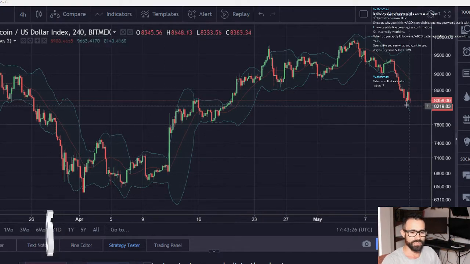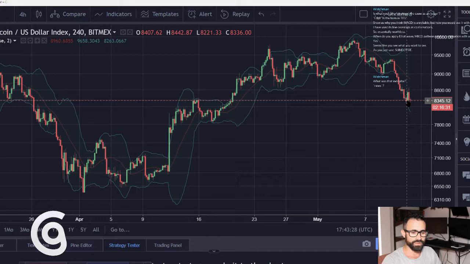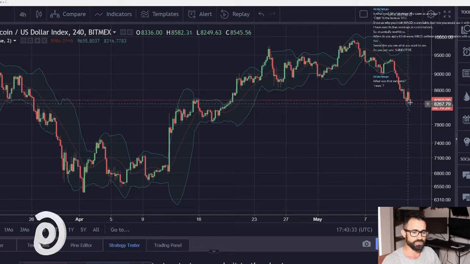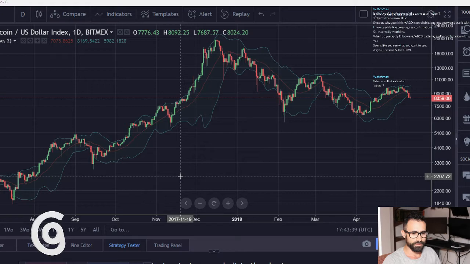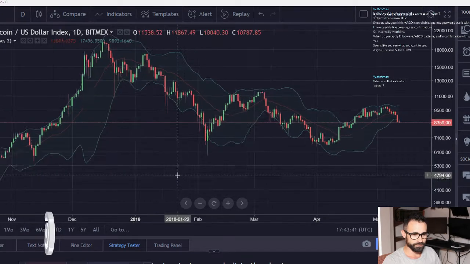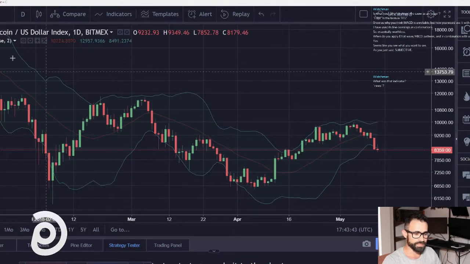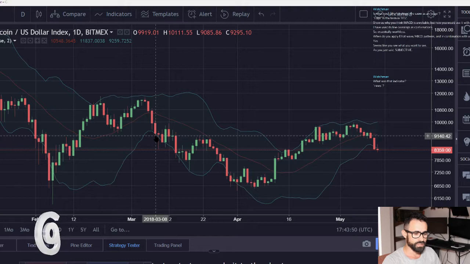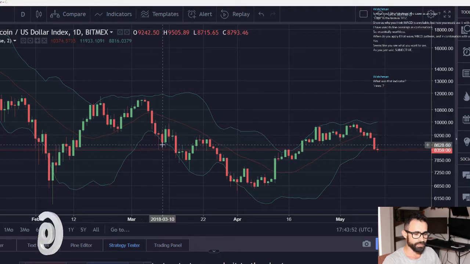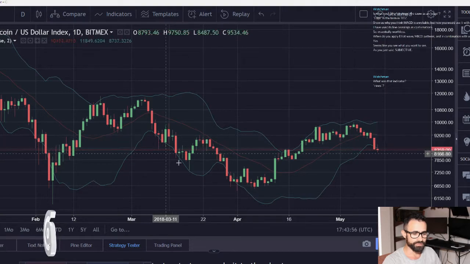Same thing whenever we get a breakout to the downside, where capitulation points are going to be on a 1-day close below the band. But on a Bollinger Band strategy for BTC, if you buy the daily close at the band, which would be right here, it might take you a while before you break even.